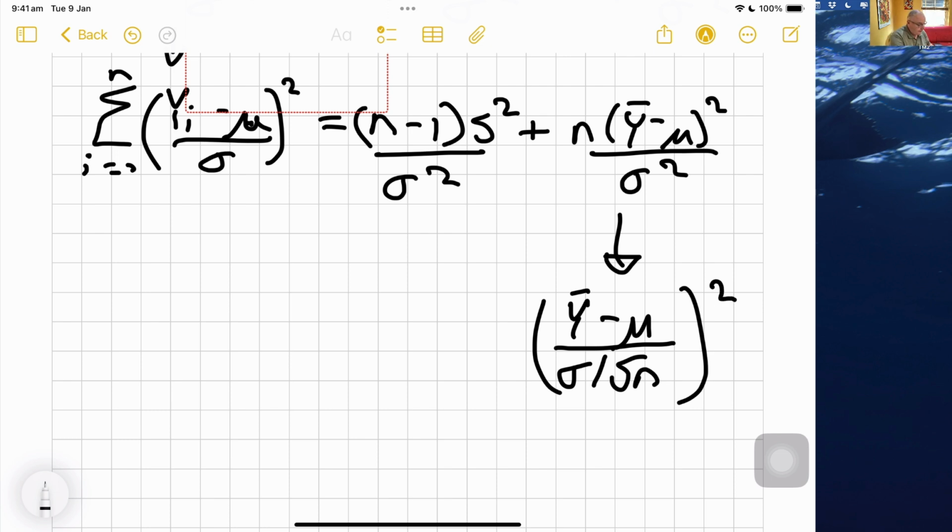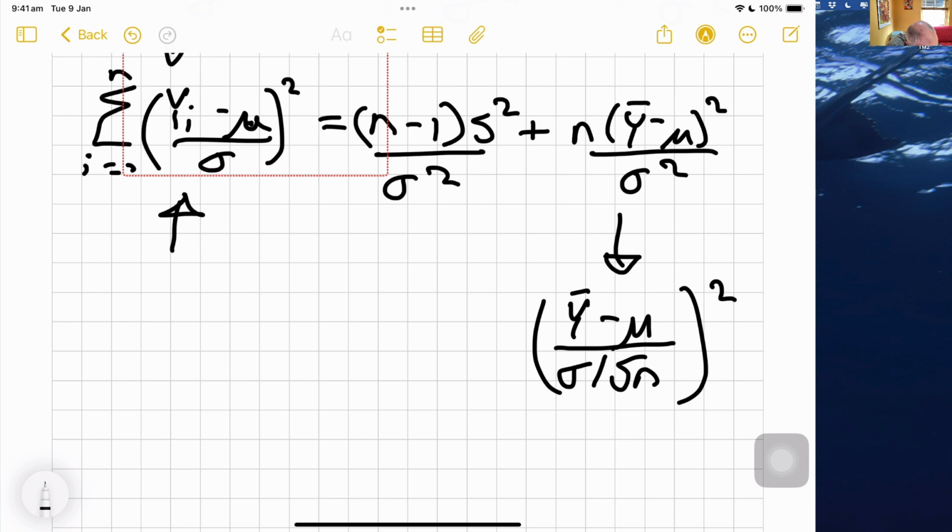Okay. So let's think about what we've got. We've got a term over here, and we actually know what the distribution of this is. The yi are normal. I'm taking off the mean divided by sigma. That is a standard normal, and I'm squaring them. A standard normal squared is a chi-squared, and I'm adding up a load of independent ones.